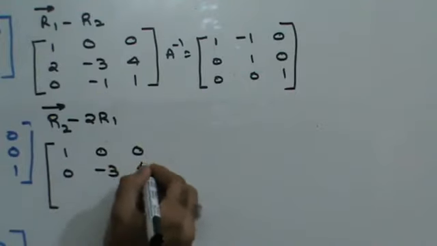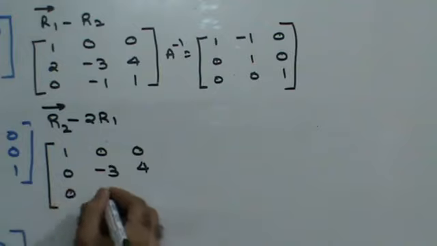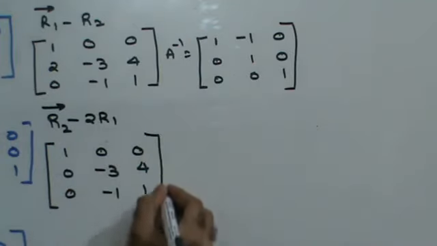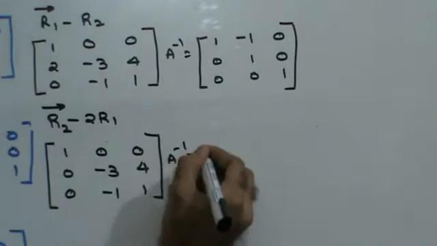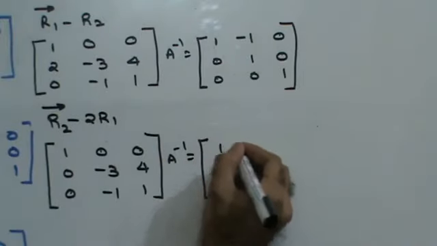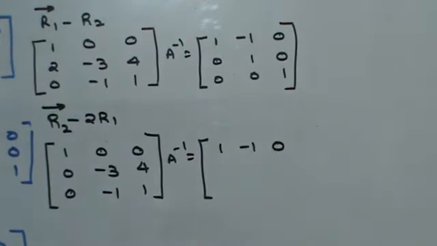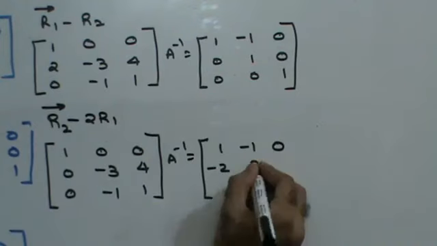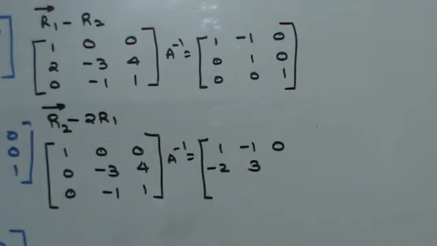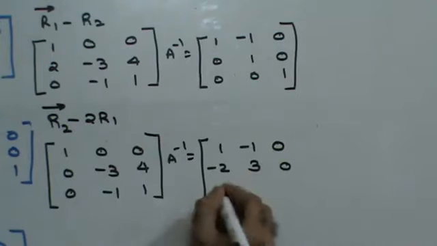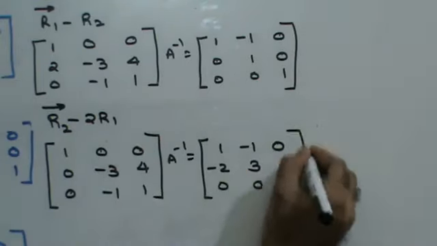Minus 3 minus 0, 4 minus 0. 0 minus 1, 1 into A inverse is nothing but 1 minus 1, 0. 0 minus 2, that's minus 2. 1 plus 2, that is 3. And you have 0 minus 0, 0, 0, 1.